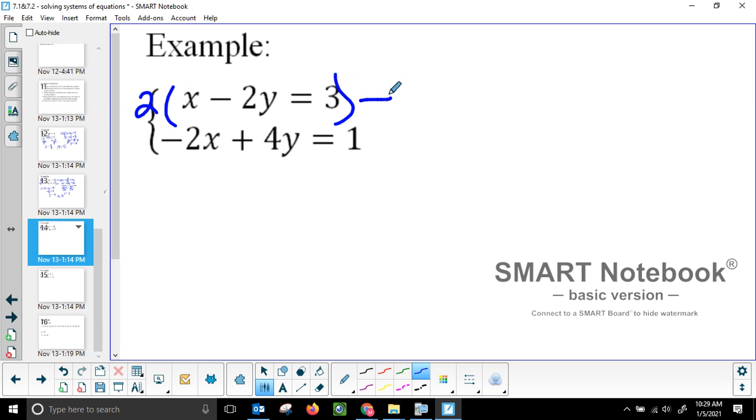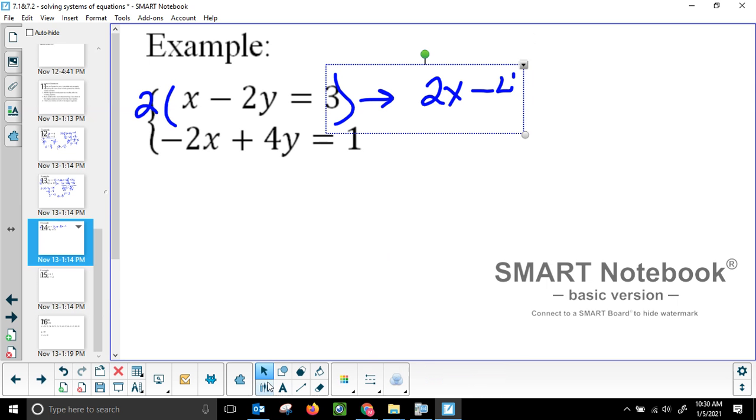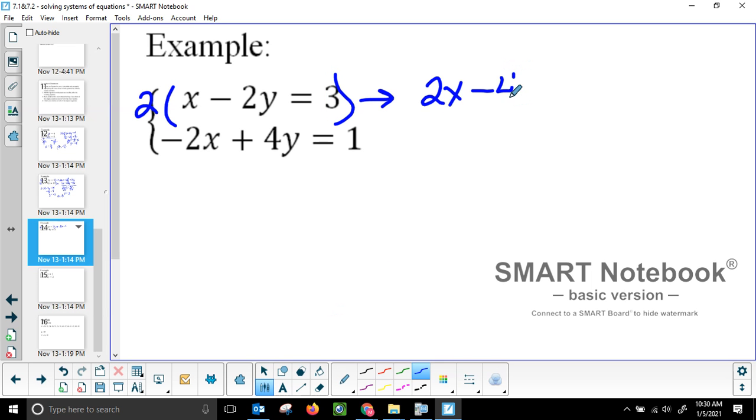So when I do that, here I'm going to have 2x minus 4y is equal to 6. And I didn't change this one at all, so negative 2x plus 4y is equal to 1.